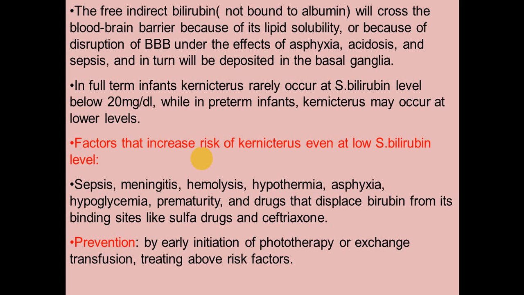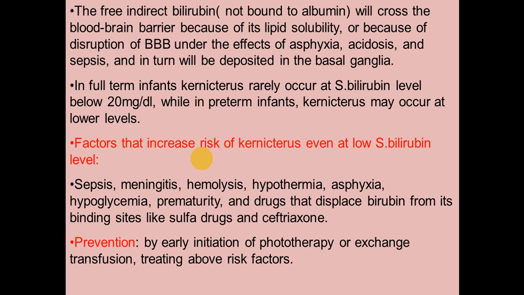These conditions will disrupt the blood-brain barrier and facilitate the deposition of the indirect bilirubin in the basal ganglia. Then, when there are risk factors like septicemia, acidosis, hypoglycemia, and hypothermia, this will increase the risk of kernicterus even at lower serum bilirubin levels.